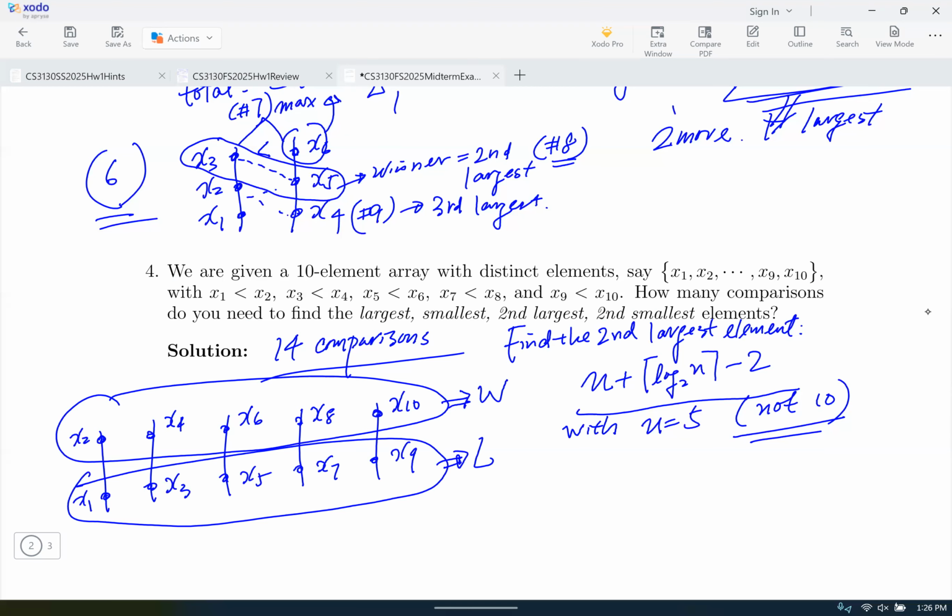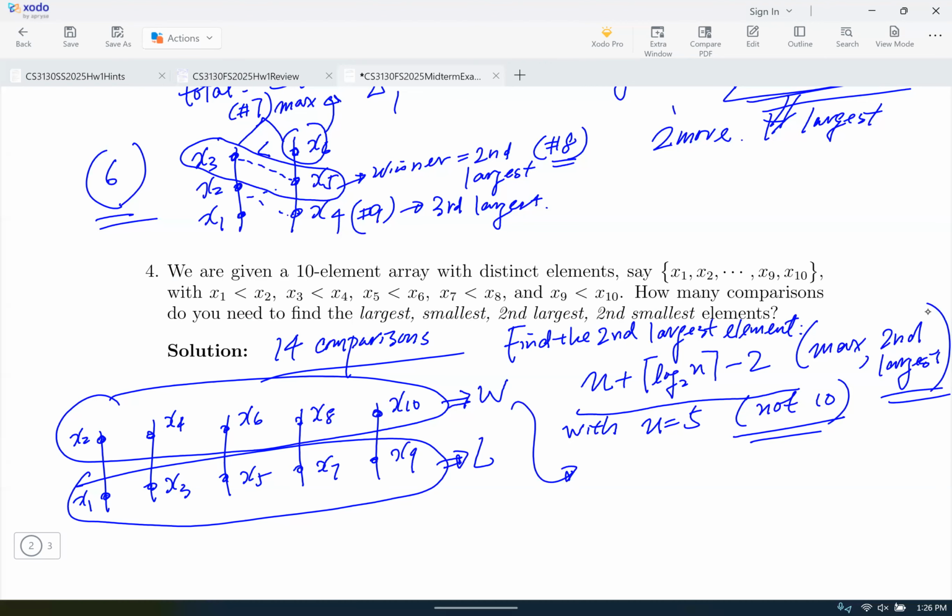But you only need to do one of the 2 cases because it's symmetric. After you get the number, you double it. So you apply it on the winners group. After this formula, you get both the max and the second largest, not just the second largest.